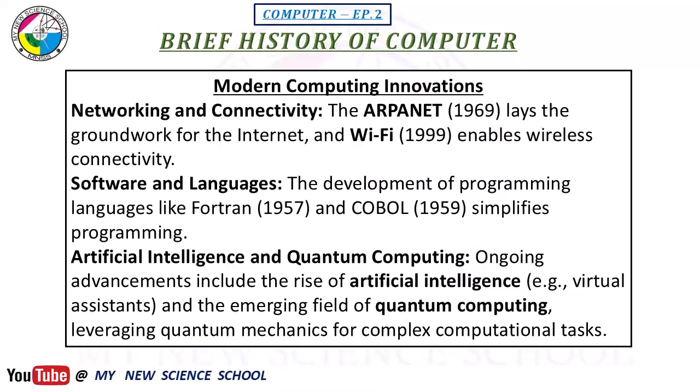Then modern computing innovations. Now, the technology we were using, that is the fourth generation, is still used today, but we are inventing a lot of different technologies on the earlier existing technologies, which give birth to another new generation of computer, which is the fifth generation.